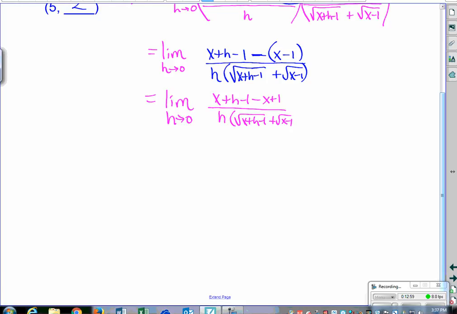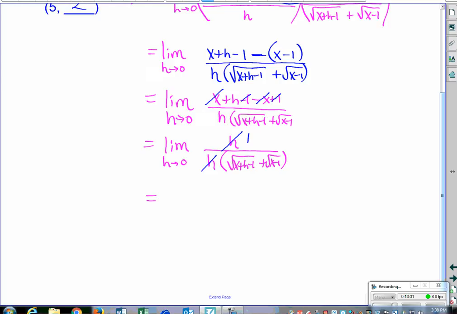Look for the numerator to get more simplified because I see a positive and a negative in a couple places. A positive x with a negative x makes 0. A negative 1 with a positive 1 makes 0, leaving me simply an h over an h times square root x plus h minus 1 plus square root x minus 1. H over h divides out to give me 1.